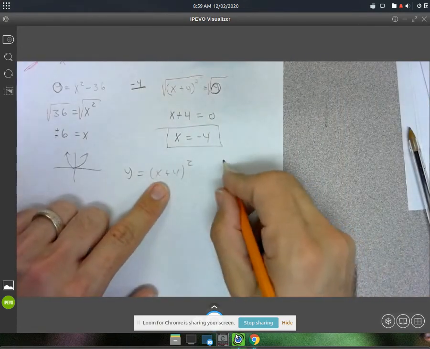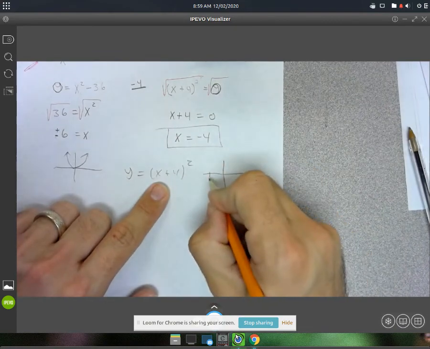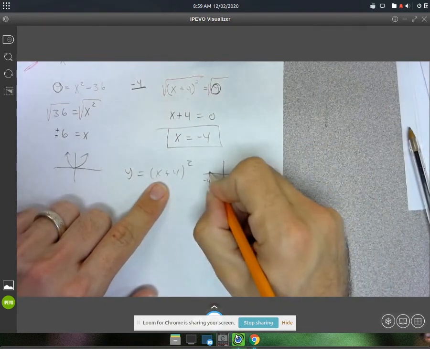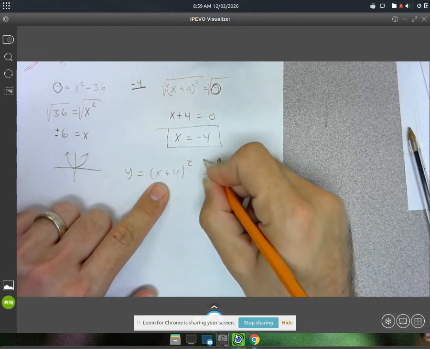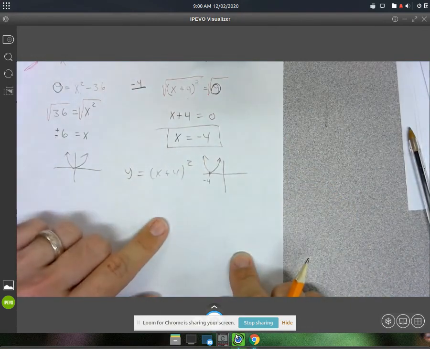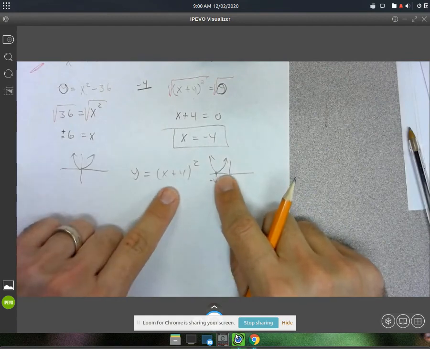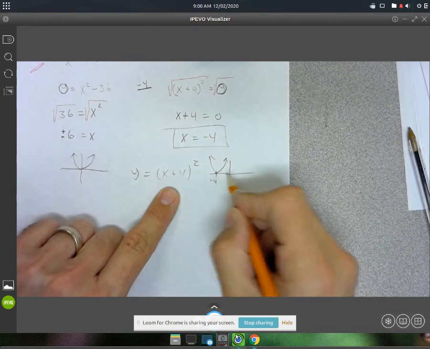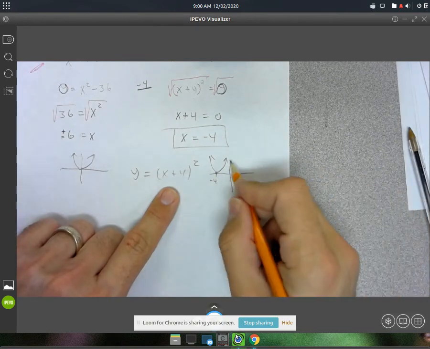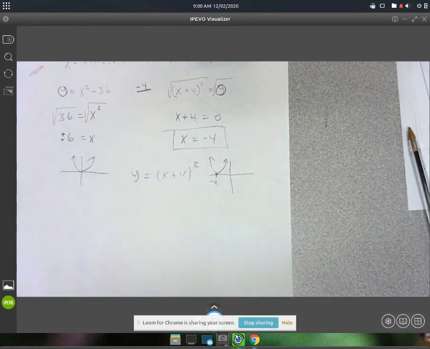So the vertex is at negative 4 comma 0, and it's going to open up like that. So in this case, it only has one x-intercept. It's actually tangent to the x-axis, is what we call it, or it kind of dips down and just kisses it barely. So with that one type of special case, it has one x-intercept.